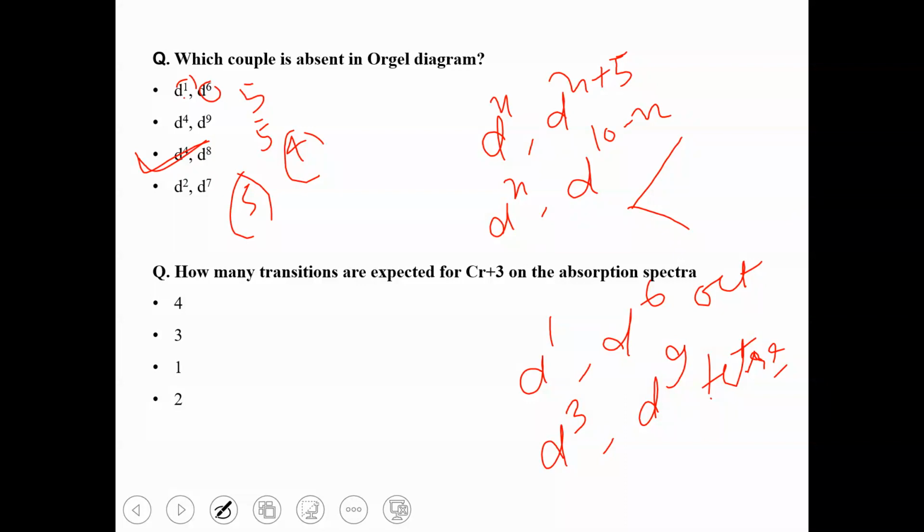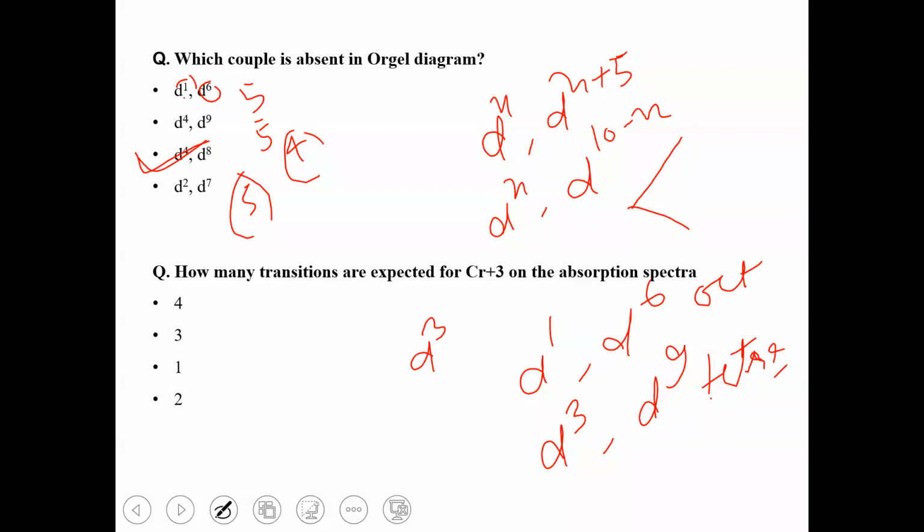Okay, so the next one: how many transitions are expected for this chromium plus 3 in the absorption spectra? Basically, it is a d3 system. Just use the diagram and calculate how many transitions are possible.